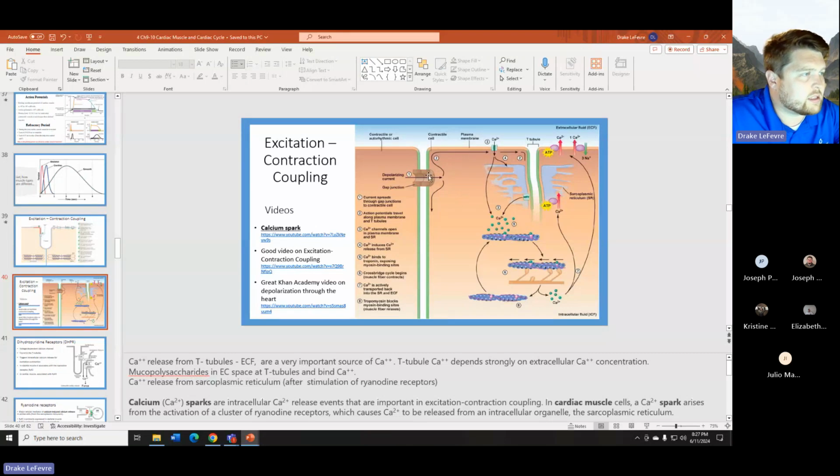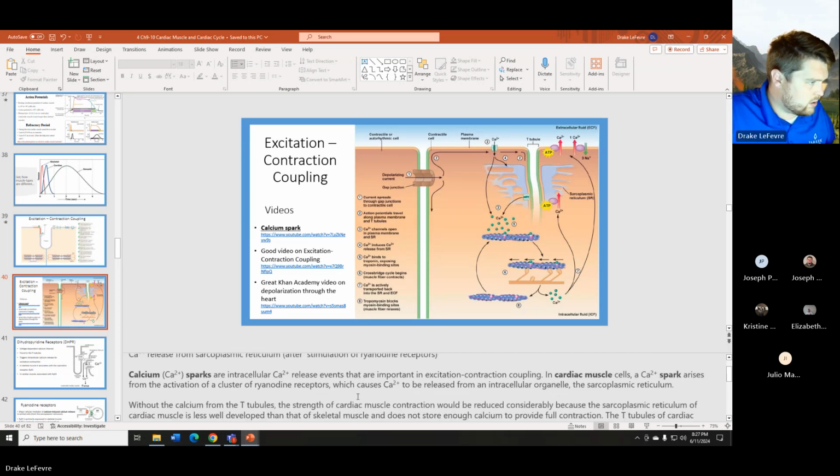So either way, with this signal coming in, we have calcium channels that open along the surface.